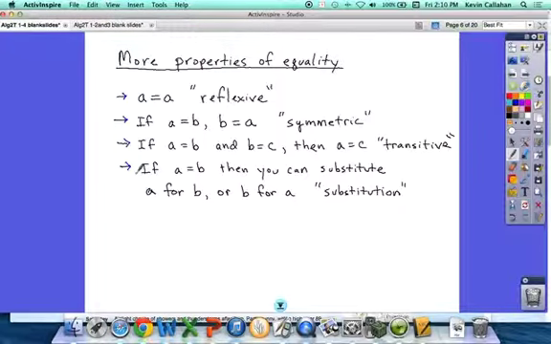Like right here, when I said -3 plus 7, I replaced it with a 7. That was substitution. Since they're equal to the same thing, you can substitute one for the other. In a way, if you look at these last two, they're kind of like saying the same thing. If A equals B and B equals C, well, then I can substitute C for the B. So is that a substitution property or a transitive property? It's really the same thing.